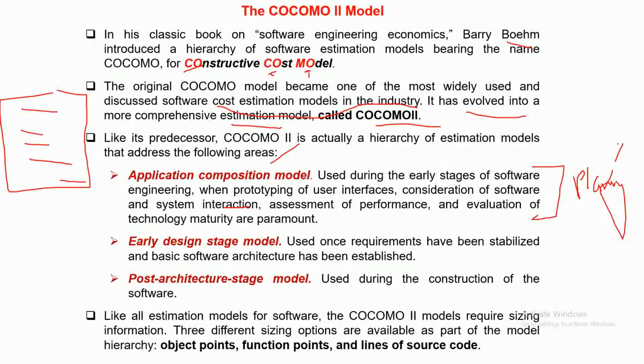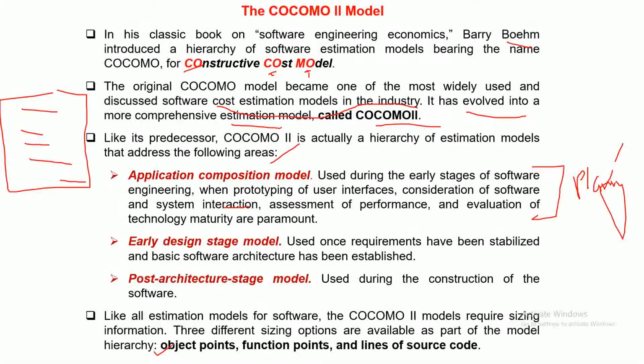Now let's see how this COCOMO model basically works. We have seen two kinds of metric: line of code, that is LOC based, and FP based. Here the COCOMO model introduces one more metric, that is object point based.